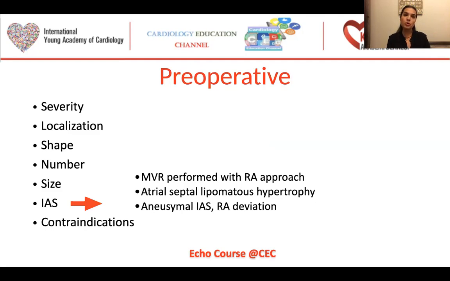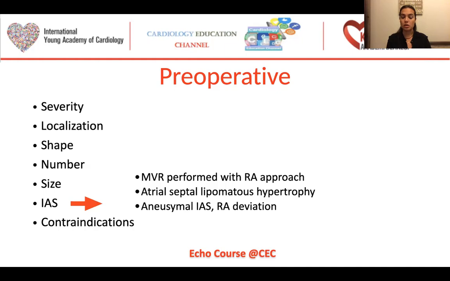Interatrial septum is important, especially for mitral paravalvular leaks. As I said before, if the previous mitral valve replacement was performed from a right atrium approach, we can be face to face with sutures in the interatrial septum, so we cannot make a proper puncture.